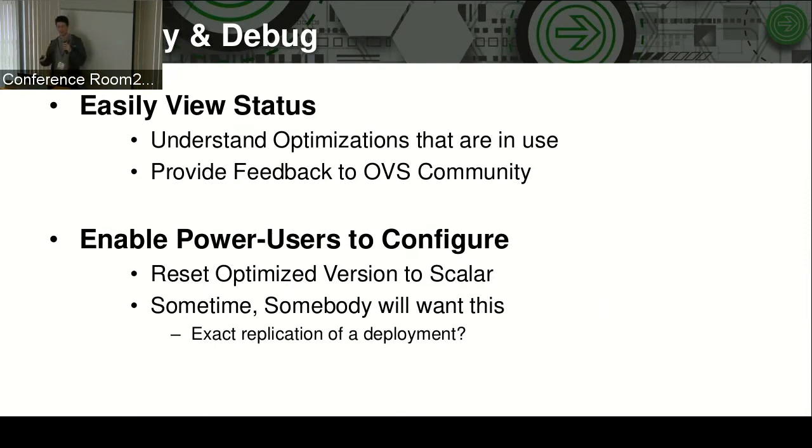So easily understand what optimizations are in use, and equally provide some feedback to the OVS community. Last year I rambled on a little about trying to get more feedback from people actually deploying OVS, understanding what performance concerns they have, what subtables they're deploying, what their DPCLS performance looks like and where their bottlenecks are.